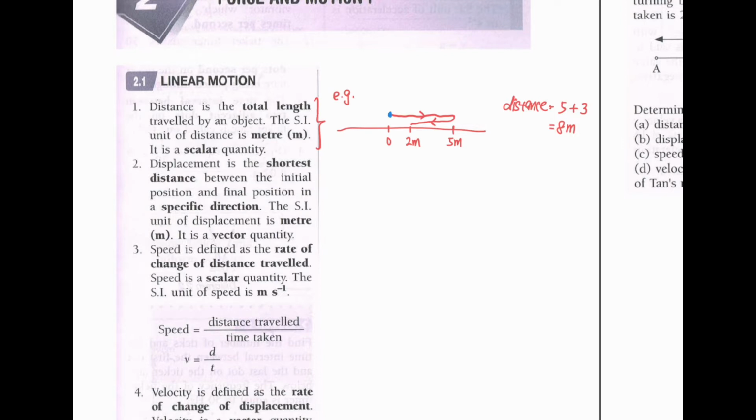For the final position, I use a blue dot again, this is the final position. When you look at the initial position and the final position, it just takes 2 meter. Because of that, we say that the displacement is 2 meter.